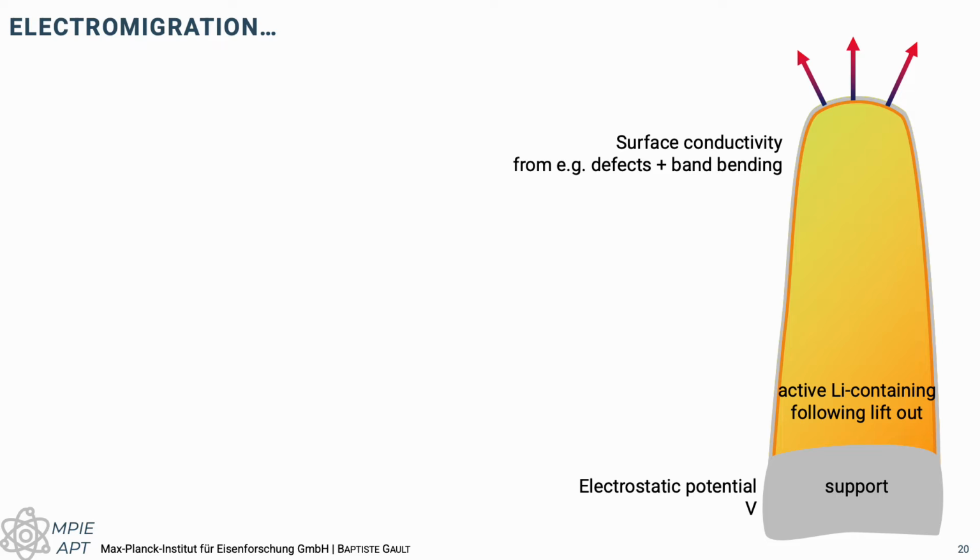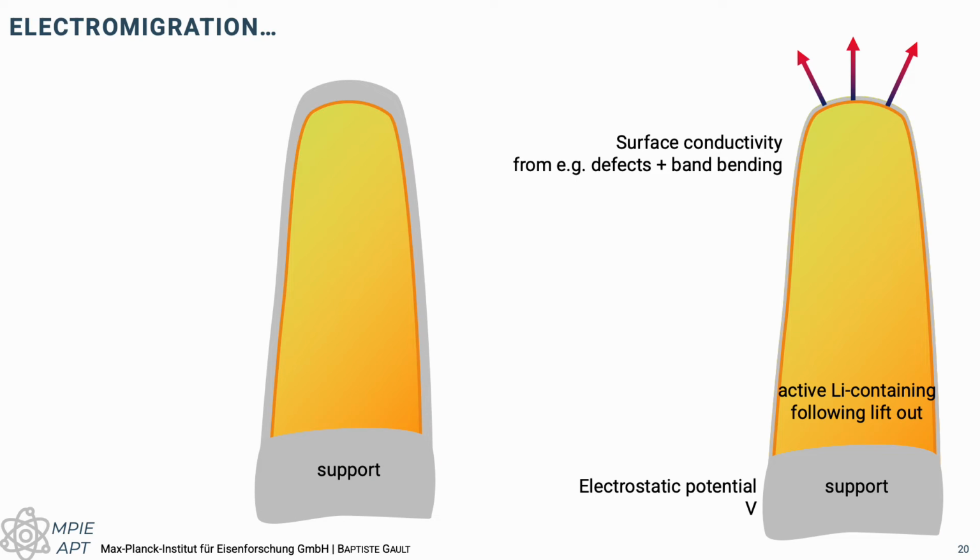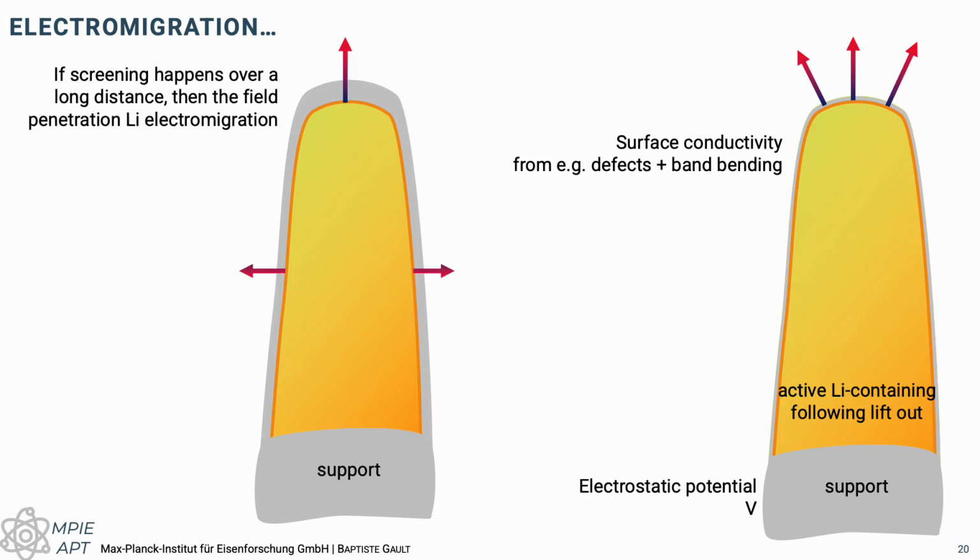And the electric field, in principle, we're expecting to be expressed just on a very thin layer at the surface and primarily towards the apex of the needle. But if the shielding is not sufficient, then the field will start to penetrate quite substantially.